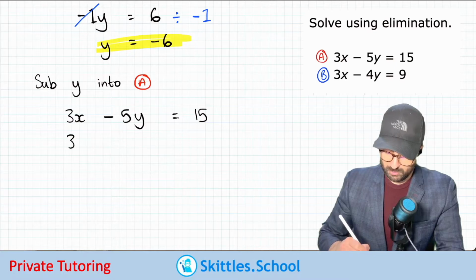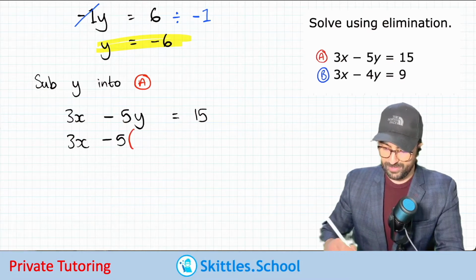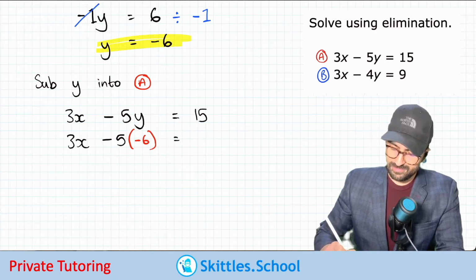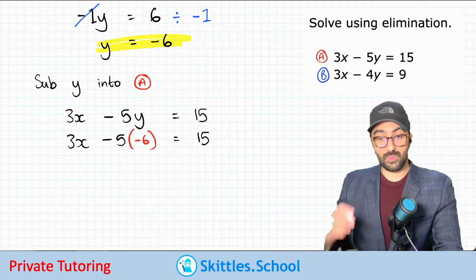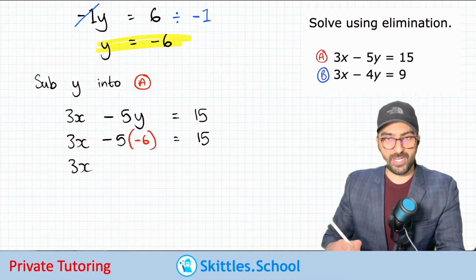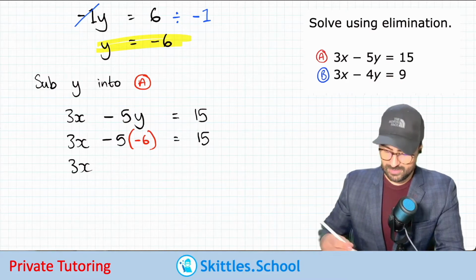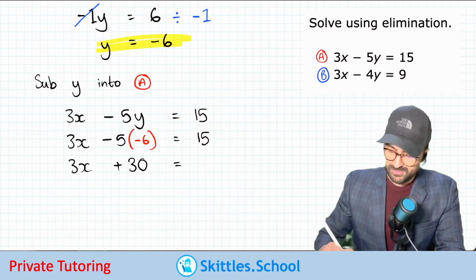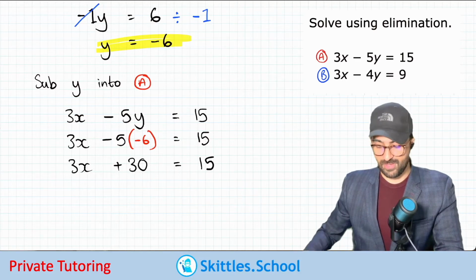We've got 3x, which we don't know, minus 5. Let's substitute in y. Minus 6 equals 15. We still have the 3x, which we don't know. That's what we're trying to work out. Minus 5 times minus 6 is positive 30. Equals 15. Now let's solve for x.